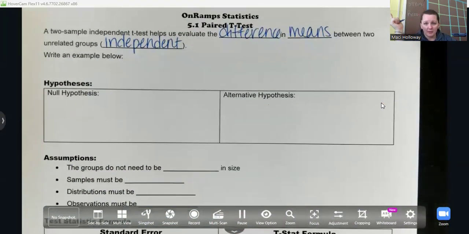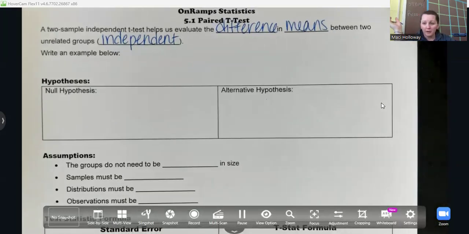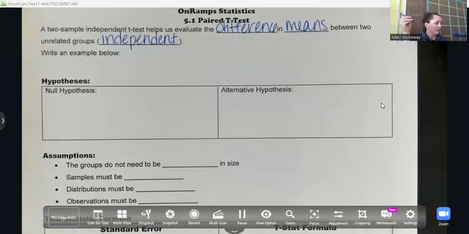One example is if I compared the difference in means, or average heights, of male and female basketball players. Notice that one population would be male basketball players and the second population would be female basketball players. Another example is comparing GPAs from seniors and freshmen. One population would be seniors and the other population would be freshmen.